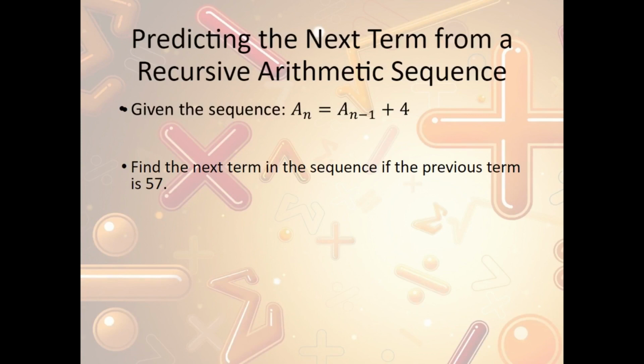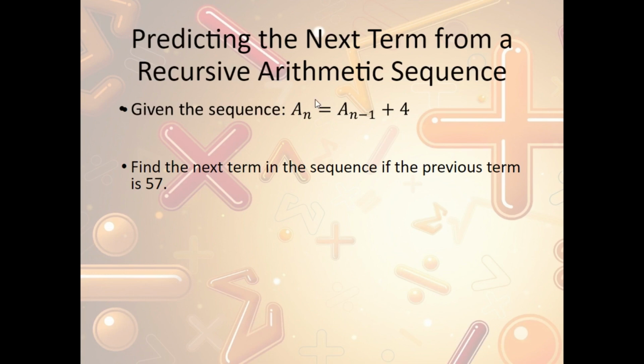Now, how can we predict the next term in a sequence? So let's say we know the 20th term. How do we know then what the 21st term would be? So the way this works is we're going to find the next term in the sequence if the previous term is 57, given that a sub n is equal to a sub n minus 1 plus 4.